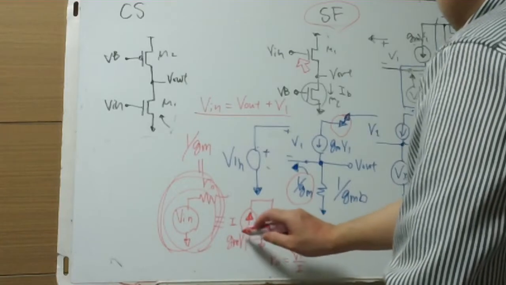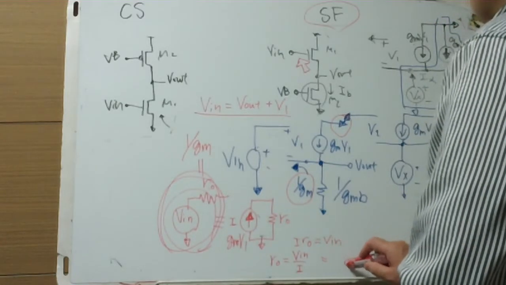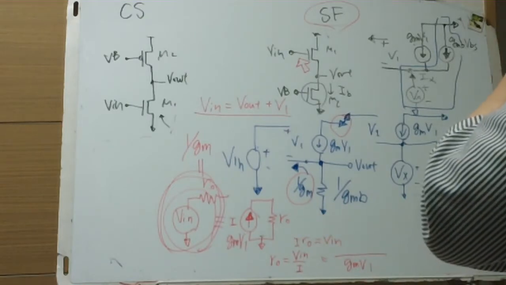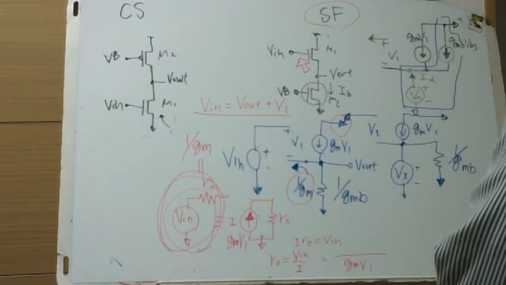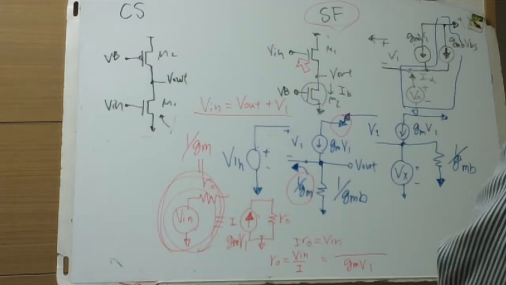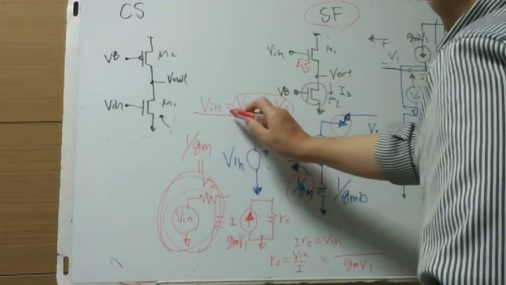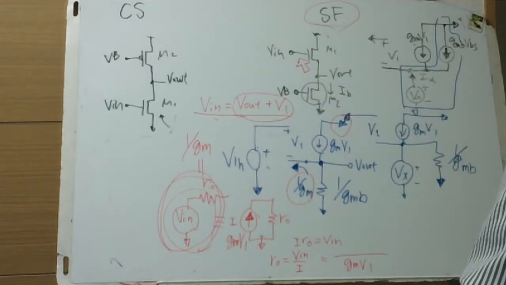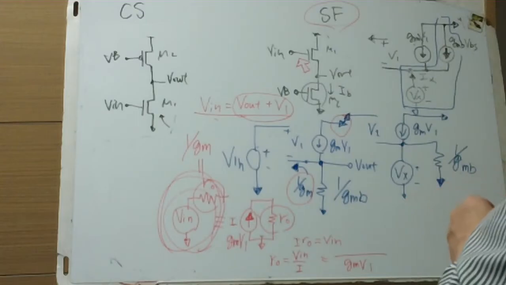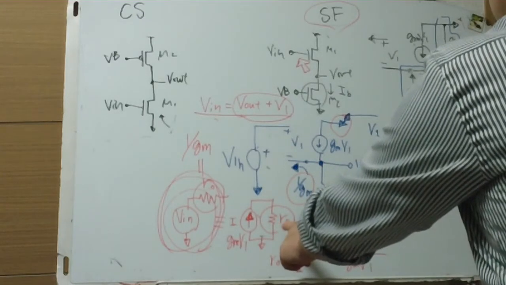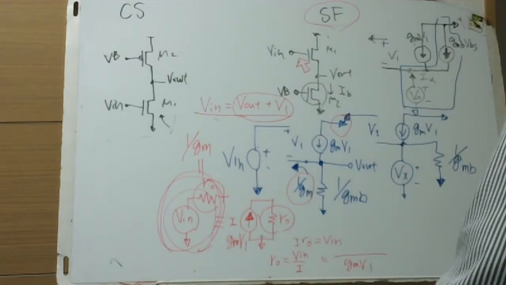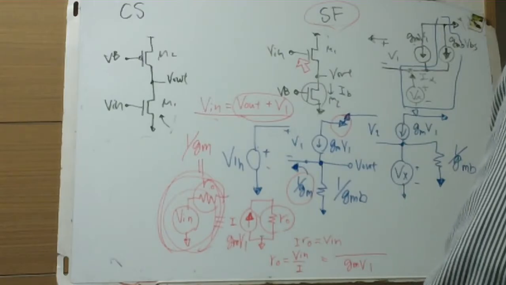This I equals GmV1, and this V in equals what? This V in is not just V in. This V in is driving the output resistance R0, and this V in is here.